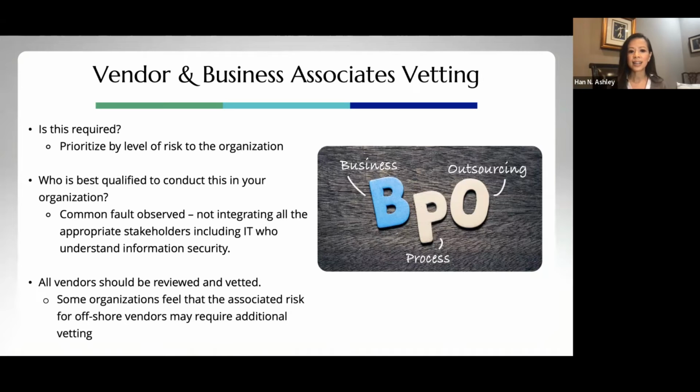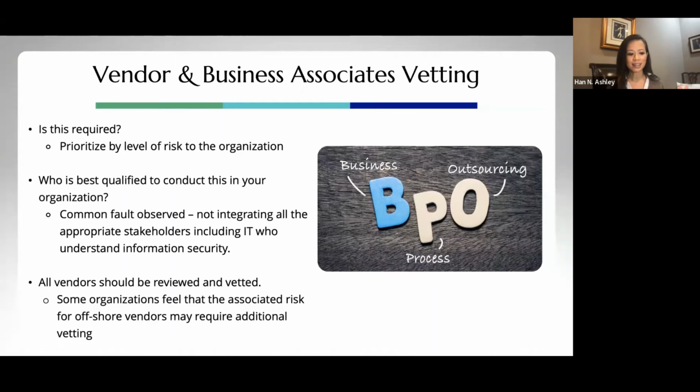We feel that IT should always be involved with vetting a business associate that is dealing with your PHI, because information technology and security folks are going to know the most about information security, how to keep it secure, and what kind of safeguards need to be in place. So we like to see a team of stakeholders involved when you're vetting these vendors and business associates.